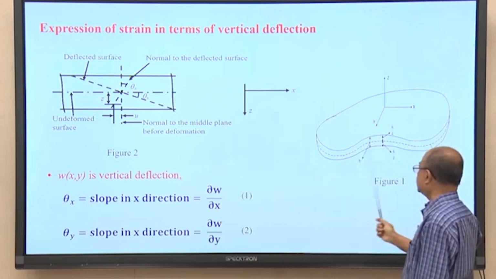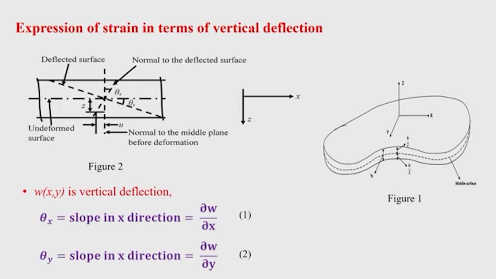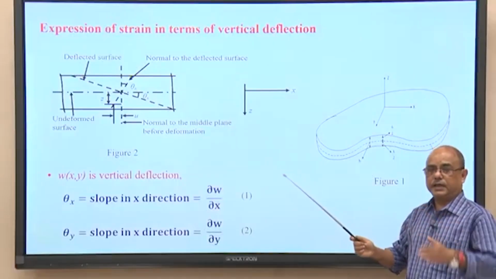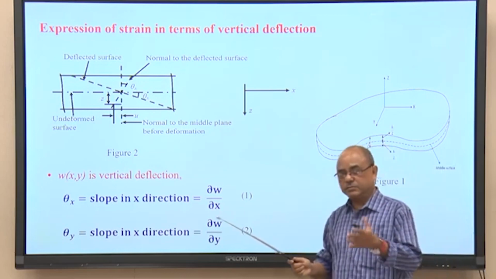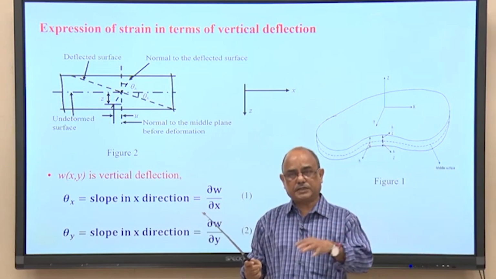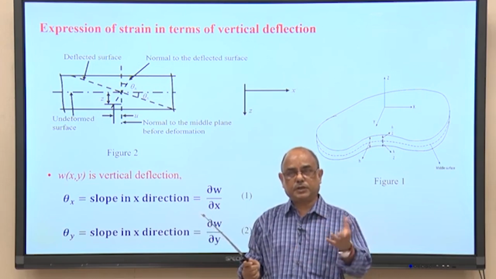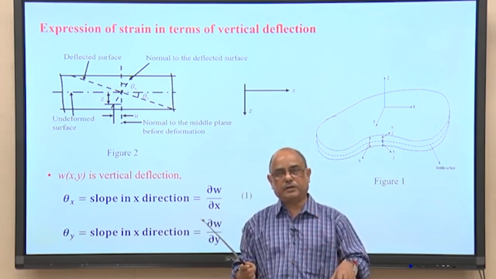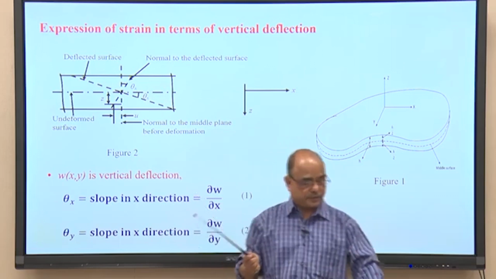This is the general description of the plate, where the middle surface is denoted by the dotted line, through the mid depth of the plate, and all the stress resultants, that is the bending moment in x direction, bending moment in y direction and twisting moment, will be referred to the middle surface.